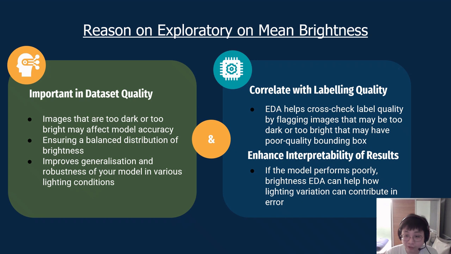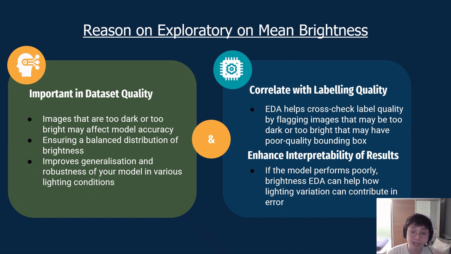For our case, we don't have any images where the bounding boxes are unable to be put onto the images, so we don't really require this, but there can be such cases. EDA can help cross-check the label quality by flagging images that are either too dark or too bright, where the bounding box cannot be put correctly.